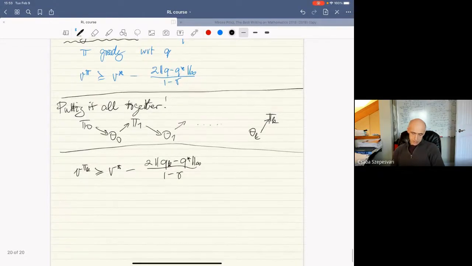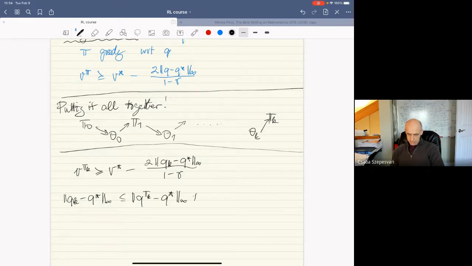And then, of course, these can be upper bounded by the difference between the policy's value function plus the error we make when we are trying to evaluate this policy.